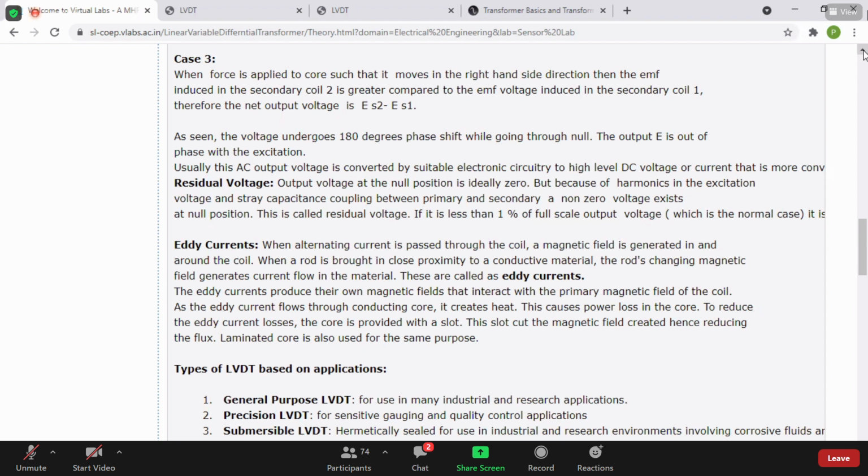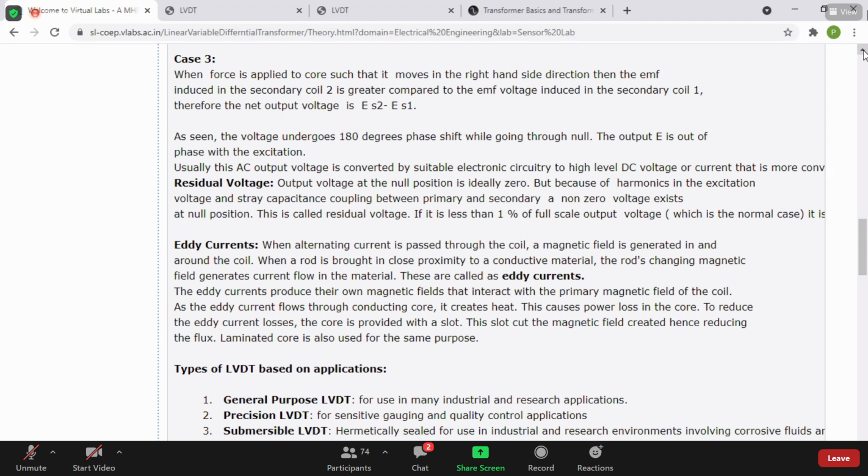If the armature or core lies exactly at the middle, the output will be 0. But because of harmonics in the excitation voltage and coupling between primary and secondary, a non-zero voltage exists at the null position. That is called residual voltage.